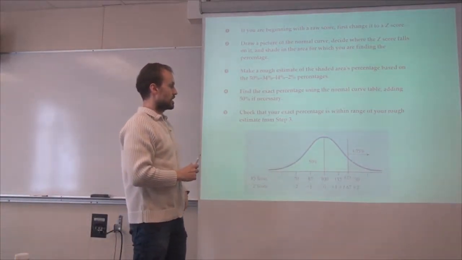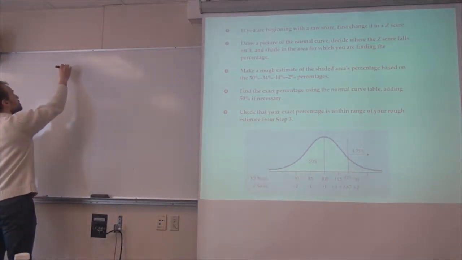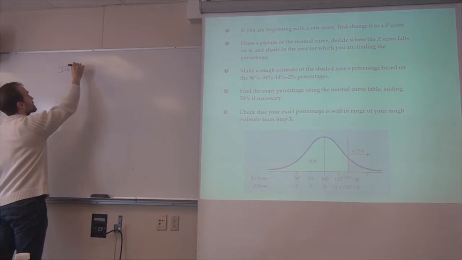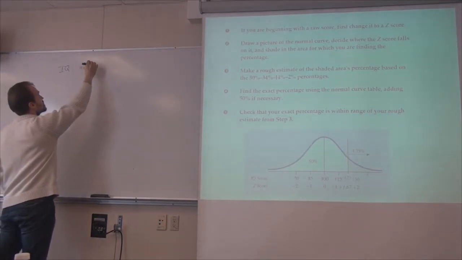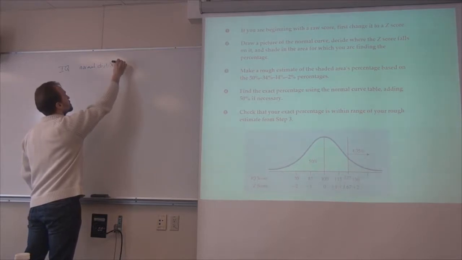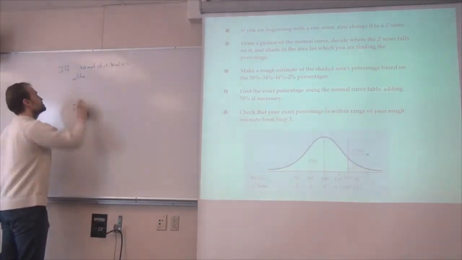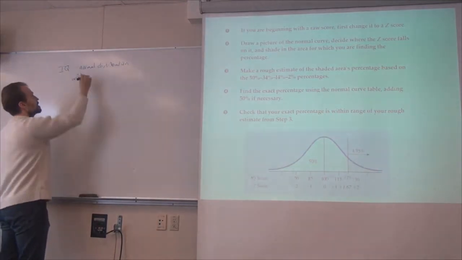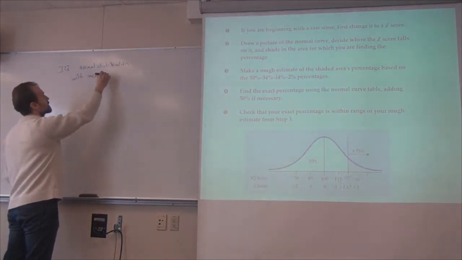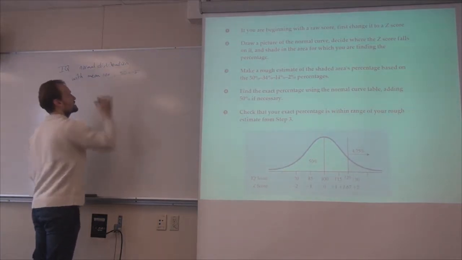So now the IQ of people in the country has a normal distribution with mean 100 and standard deviation 15.